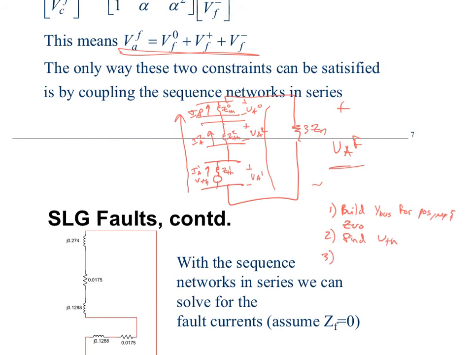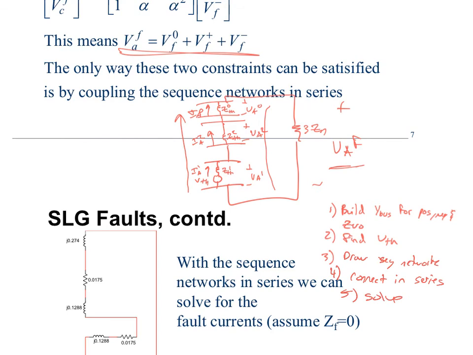Step 3, draw sequence networks, right? So you're going to be putting your V Thevenin in series with your Z Thevenin 1. You're going to just put your Z Thevenin 2 and your Z Thevenin 0. Connect in series. Solve.